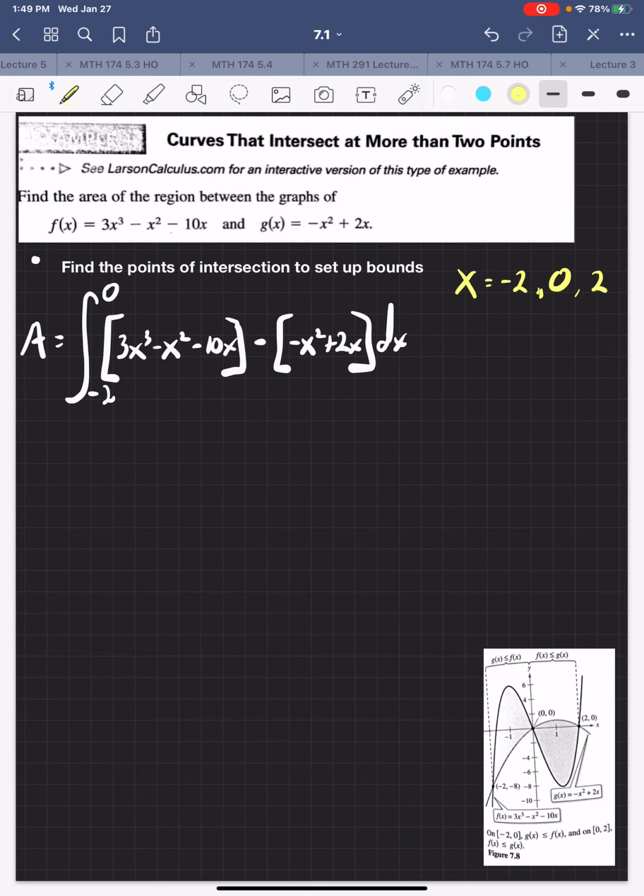Right? So the first interval is f minus g. All right, so that right there will give me this area.